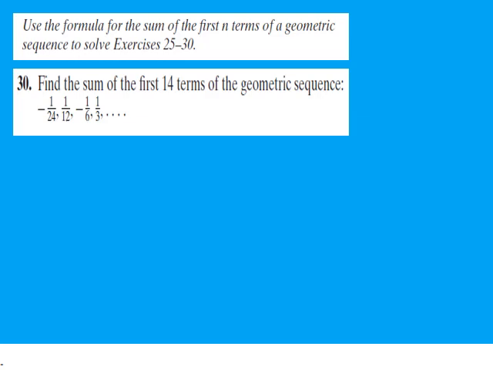Question number 30. Find the sum of the first 14 terms. So I want to find S14 for a geometric sequence. Sn for the geometric sequence is A1 times 1 minus r to the power of n over 1 minus r. I need to figure out the first term, and it's clearly negative 1 over 24.